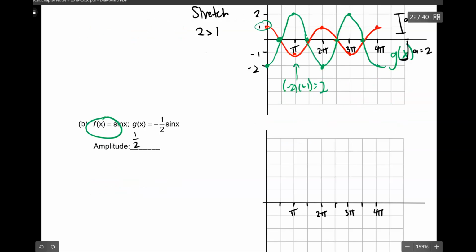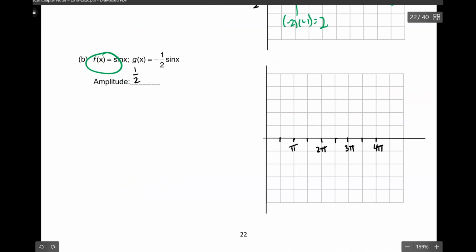All right, so I'm going to draw my sine of x. We always have the same angles we're going to be using. So for sine, 0, max, 0, min, 0, max, 0, min, 0. I labeled my x-axis in such a way that every single vertical line has a point on it.